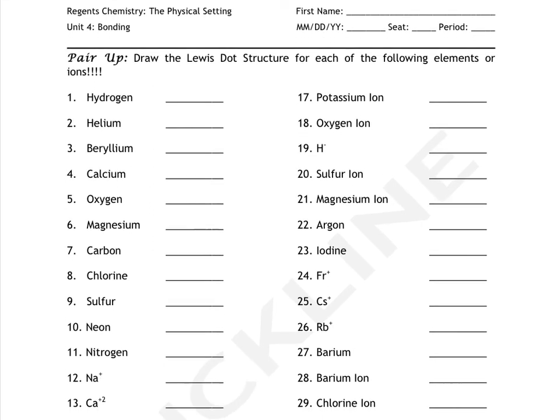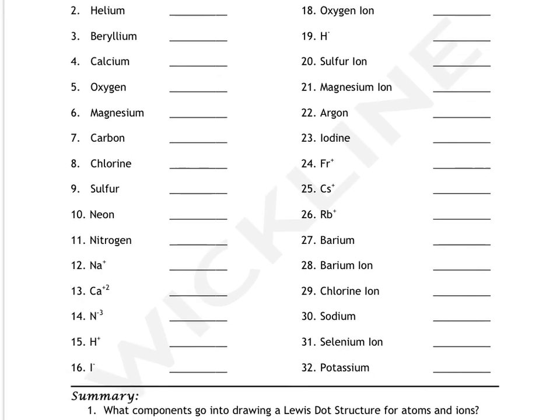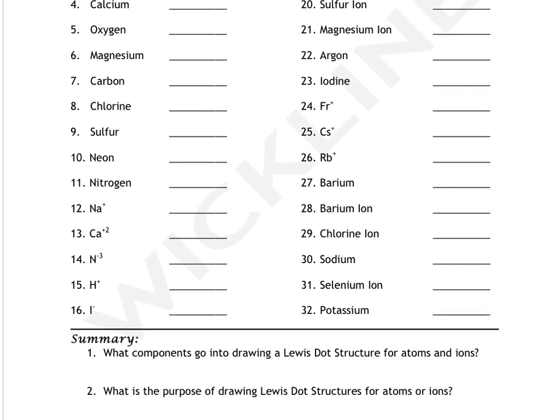And what you're expected to do is to give me a Lewis dot structure for each. So hydrogen is an atom, but I also have some ions in here. It looks like the first one is a sodium ion, an Na+1, but I have more ions under that.